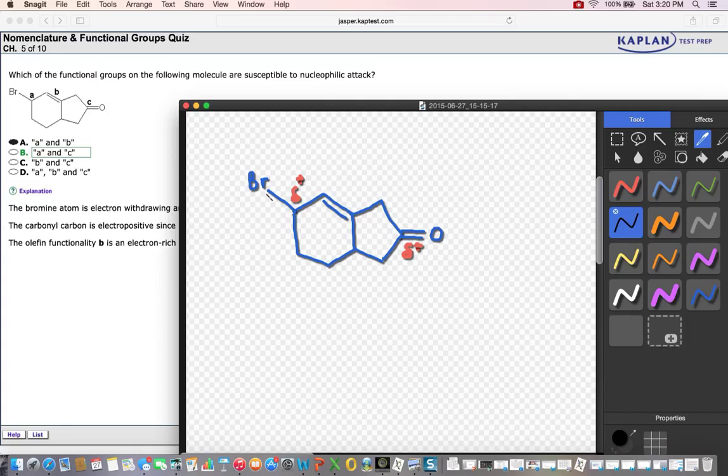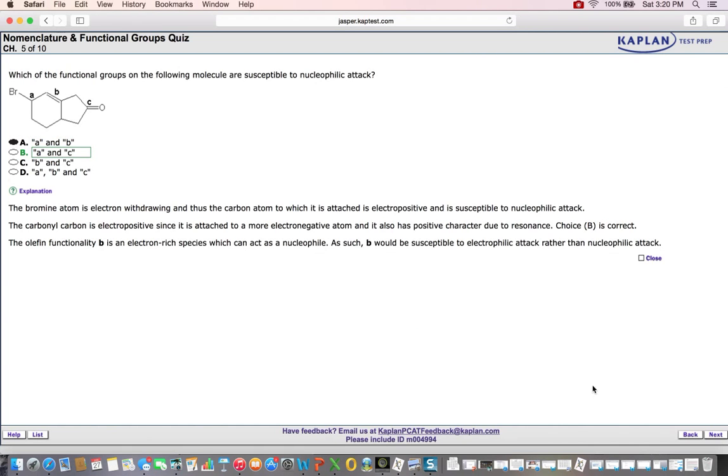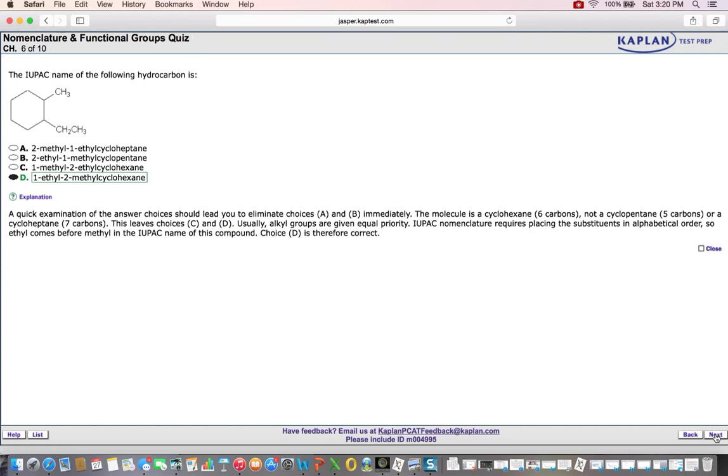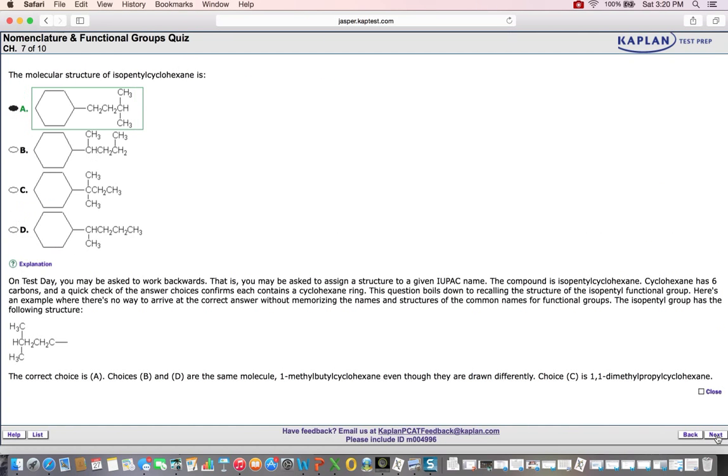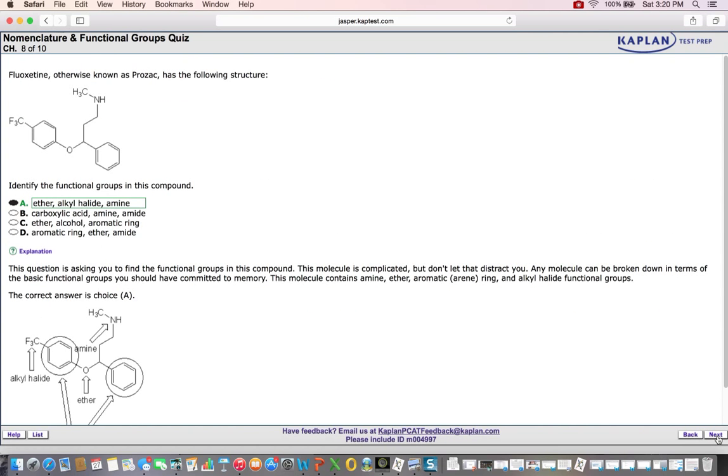So we know that this carbon and this carbon will be electrophilic. Those are labeled as A and C, which makes the best answer choice B. But it said nucleophilic.